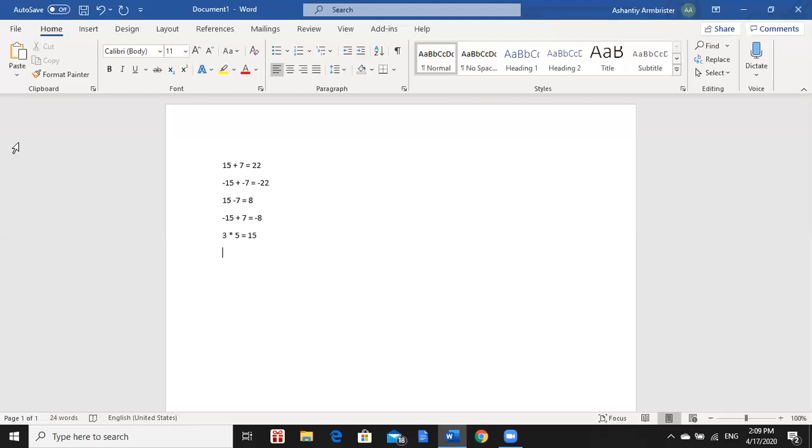We're going to divide positive 15 by positive 3. 15 divided by 3 equals 5. So positive 15 divided by a positive 3 will give you a positive 5.